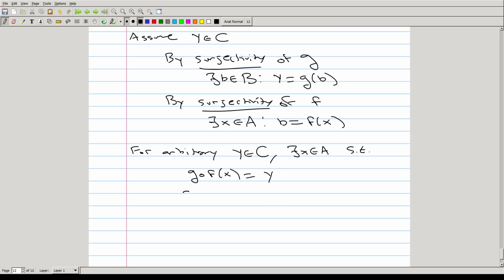This is evidenced because f of x is b, and we know that g of b is equal to y, which concludes the proof.